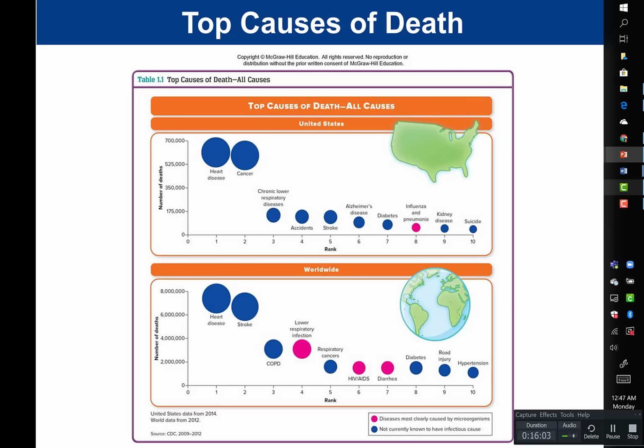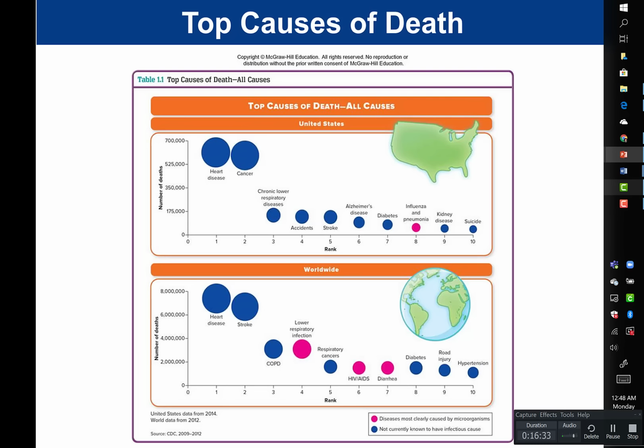Now, if they're colored blue, blue indicates that it's not currently known to have an infectious cause, meaning that these are causes of death that are not related to infection. Notice if you look at the top causes of death in the US, the top cause of death is going to be heart disease. There's not really an infectious component to that.